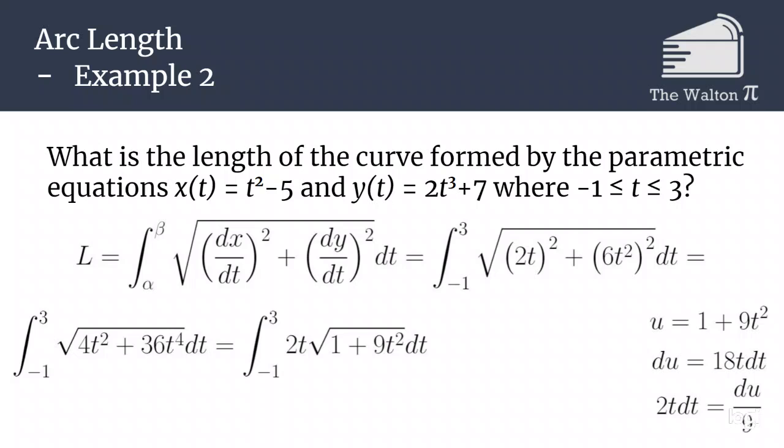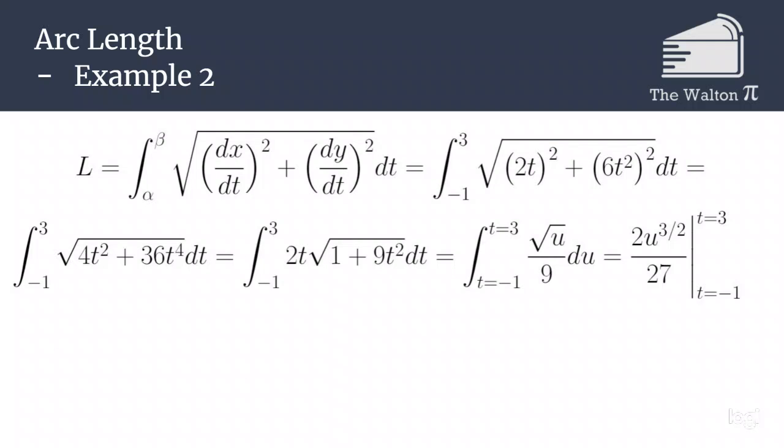Here we're going to be doing a u substitution. So if we say that u is 1 plus 9t squared, then du is 18t dt. So the 2t dt that we have outside the square root becomes du over 9. So this becomes the integral from t equals negative 1 to t equals 3 of the square root of u over 9 du, which fortunately is not too bad to calculate.